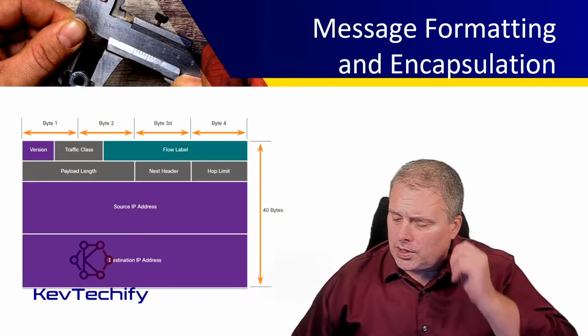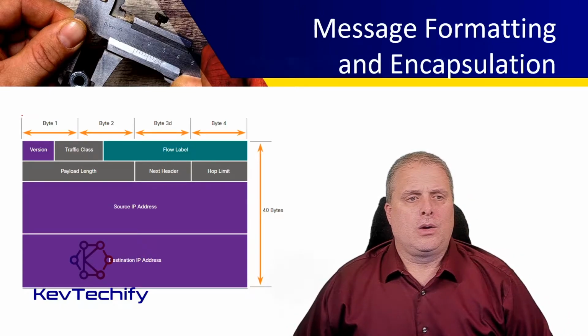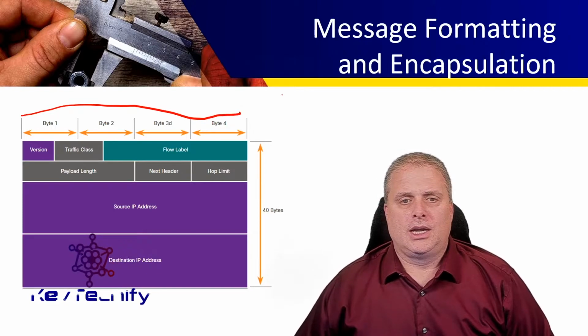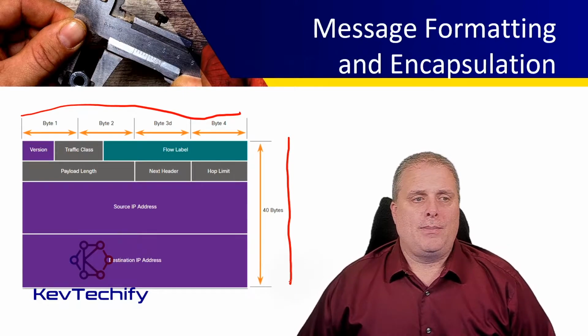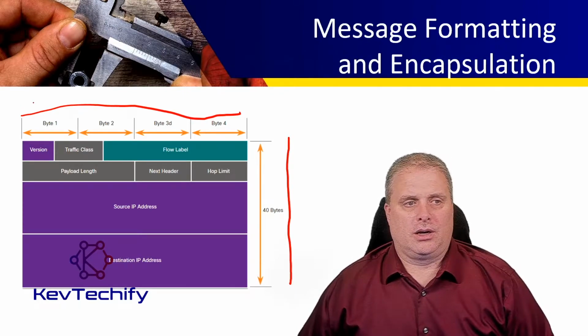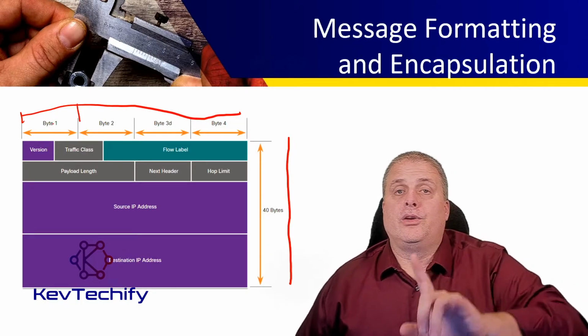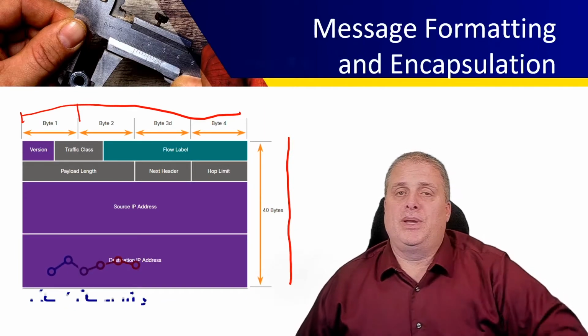Now, let's talk about this layout here. Right here, we have 4 bytes across, and then it says it's 40 bytes tall here. Between here, this is 1 byte of information. And to review, a byte is 8 bits of information.